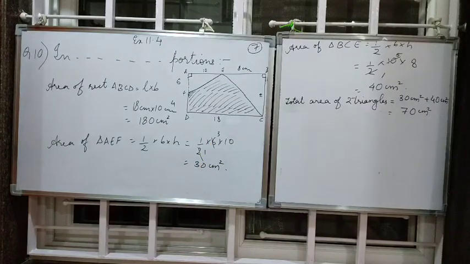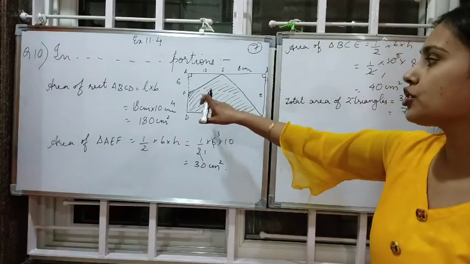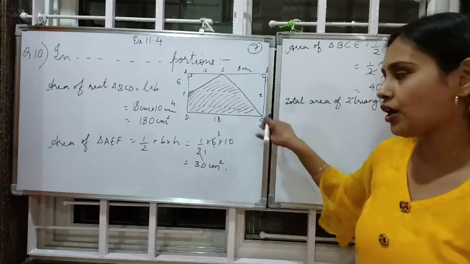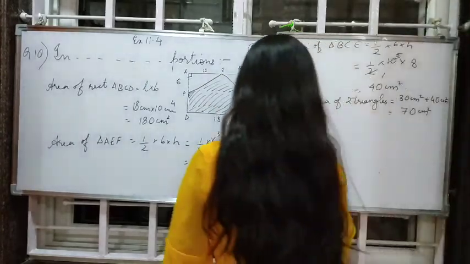This is the area of the two triangles. Okay. Now we have to find the area of the shaded portion. So from the total area of the rectangle, we subtract the area of the two triangles.